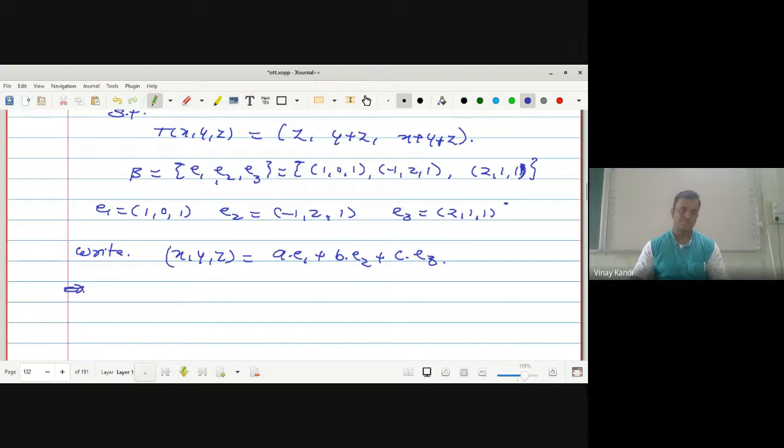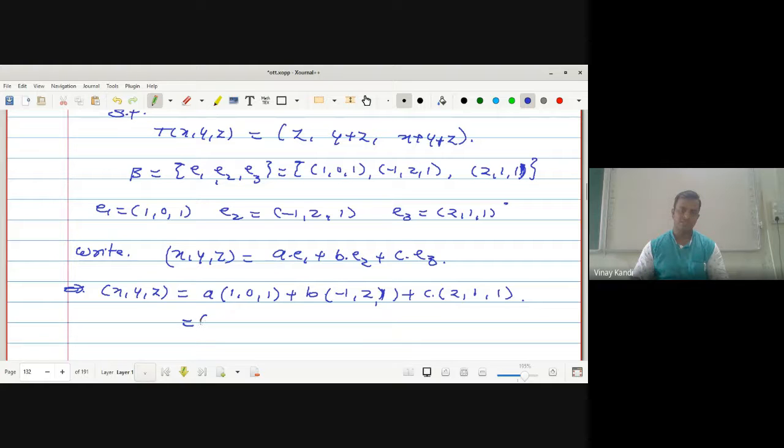So this implies (x, y, z) is equal to a times (1, 0, 1) plus b times (-1, 2, 1) plus c times (2, 1, 1).